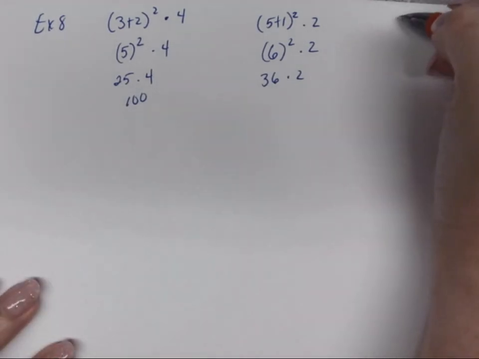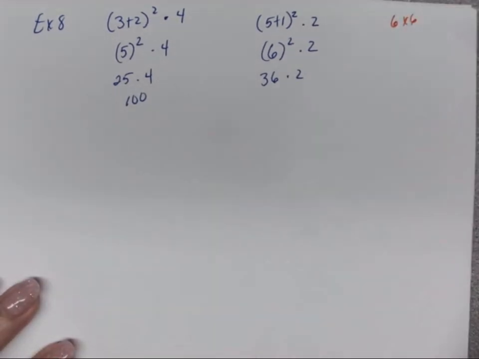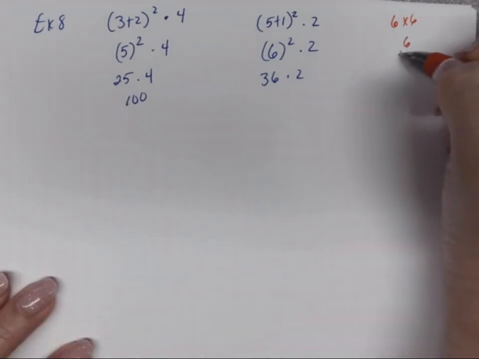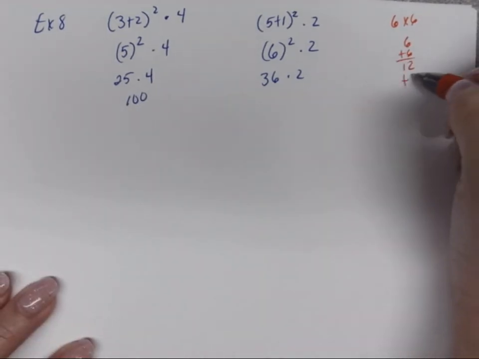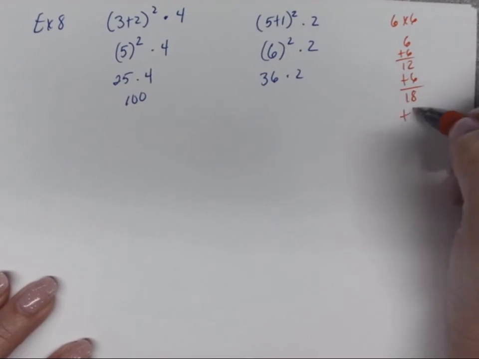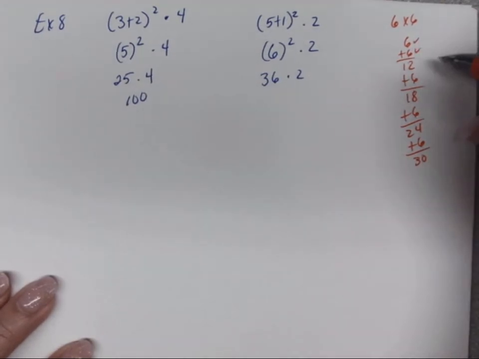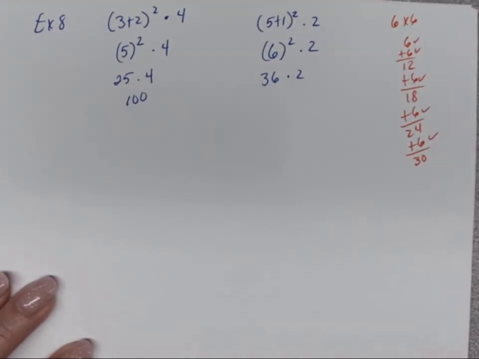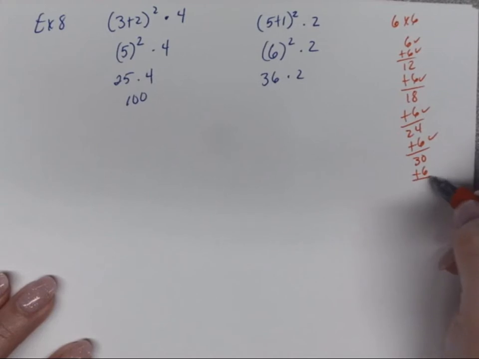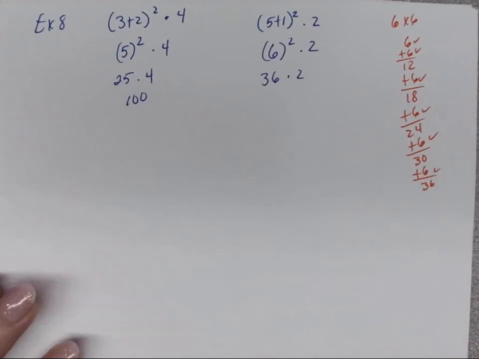So if we're trying to do 6 times 6, that means I can add 6 sixes. So I can go 6 plus 6 is 12, plus 6 is 18, plus 6 will get me 24, plus 6 will get me 30. So we have 1, 2, 3, 4, 5 so far. So I need to add one more. Gets me 36. So you can do it that way if you need to.